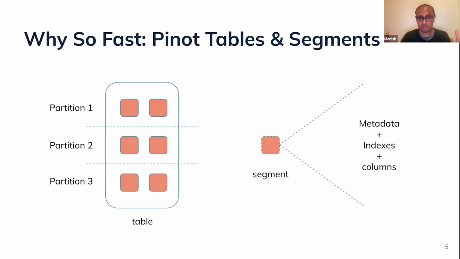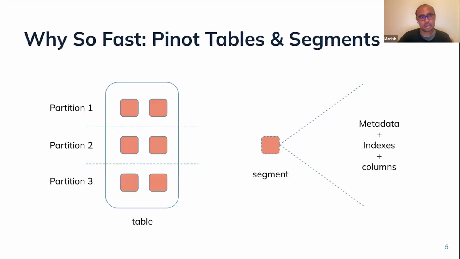So even if your use case requires a large scan, we have indexes optimized to scan as little data as possible to answer your queries. So that's at a high level why it's so fast: the smart indexes and a columnar architecture.